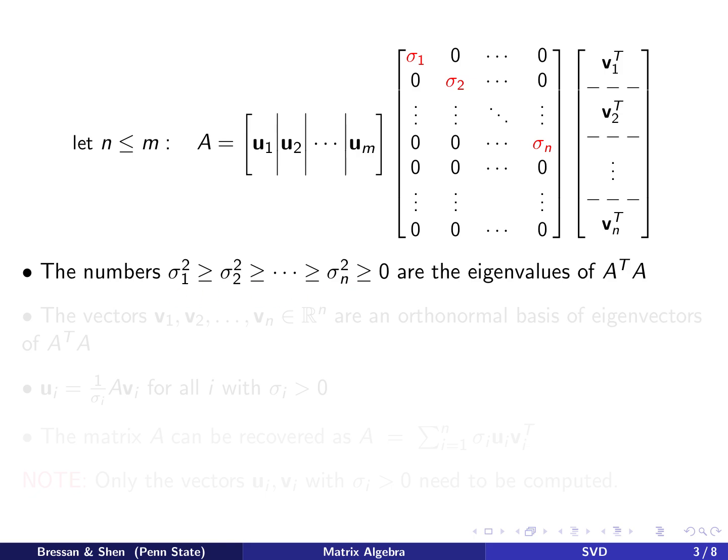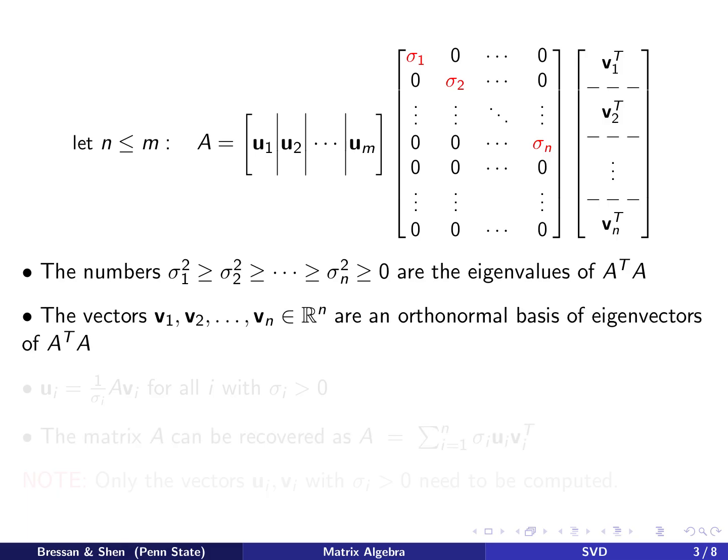These are the eigenvalues of A transpose A. The vectors V1, V2 to Vn are an orthogonal basis of eigenvectors of the matrix A transpose times A. This is a symmetric matrix, and therefore the eigenvectors form an orthonormal basis. The vectors Ui can be computed as 1 over sigma i, A times Vi, for all the i's where sigma i is bigger than 0.